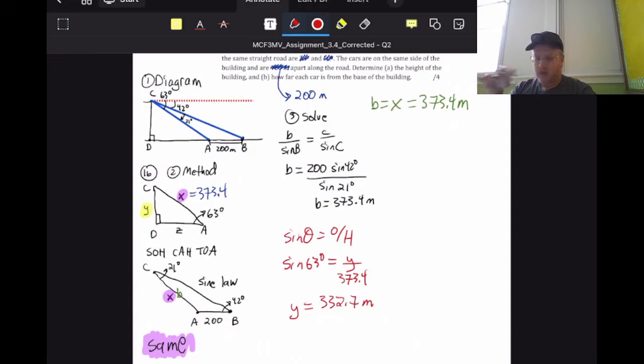Now we need to find that bottom part. We need to find this value here, the distance from the building to the first car. Let's just switch colors and let's label hypotenuse, opposite, adjacent. So now we know the hypotenuse and we're trying to find the adjacent side. So we're working with A and H, and so we're going to use cosine.